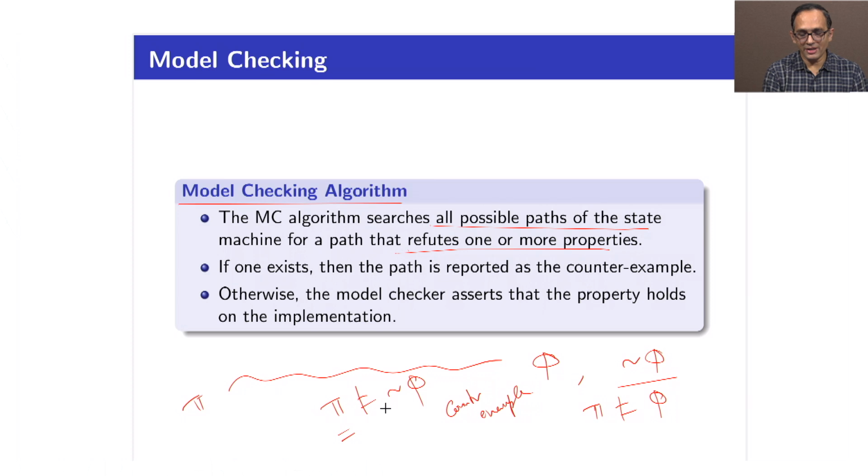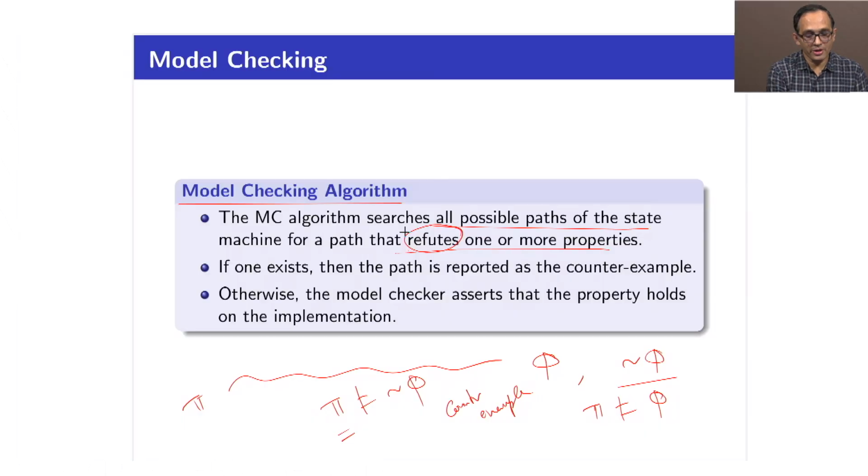So, what effectively the model checking algorithm does is take the negation of the formula and try to find a path that satisfies it, which means it refutes the original property. If such a path exists, it reports this as the counterexample. If it cannot identify any such path, it means the original formula is satisfied in all paths.